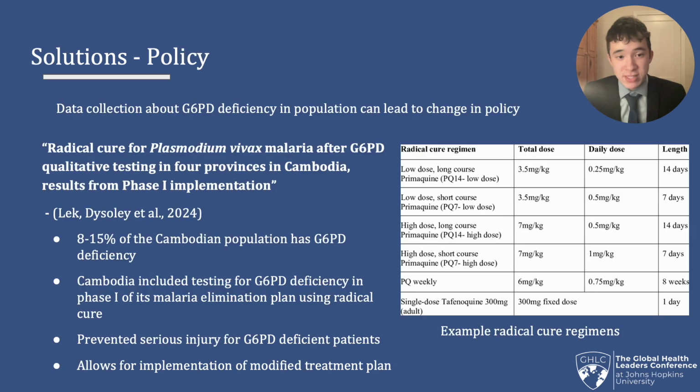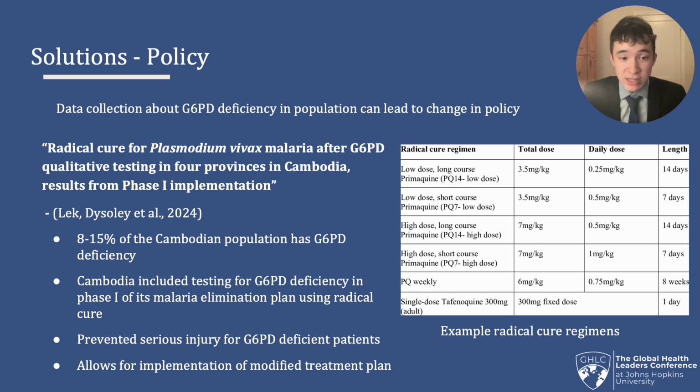On the policy front, data collection about G6PD deficiency in a population can lead to a change in policy. In a study by Desolé Lick and others in 2024, 8 to 15% of the Cambodian population has G6PD deficiency. And Cambodia, as a result, included testing for G6PD deficiency in phase 1 of its malaria elimination plan using radical cure, which is a combination therapy to eliminate malaria in the body.